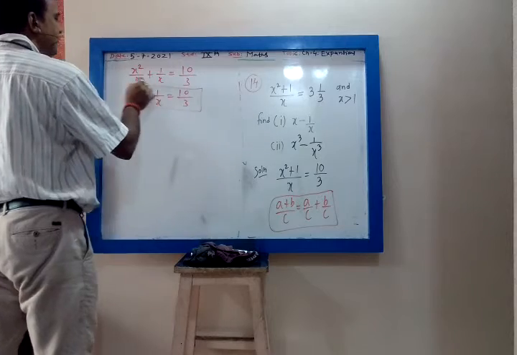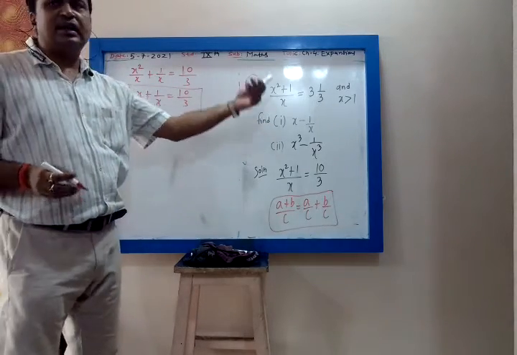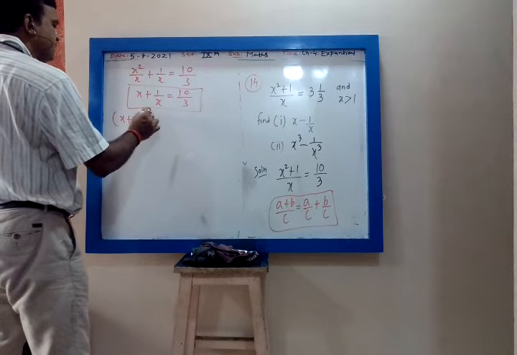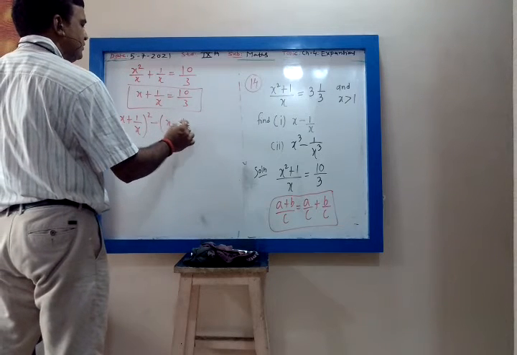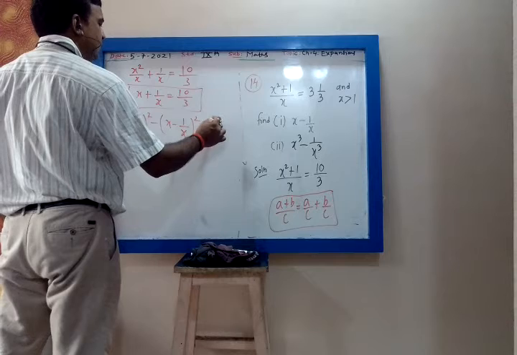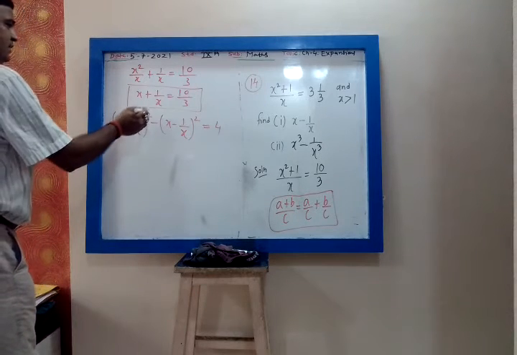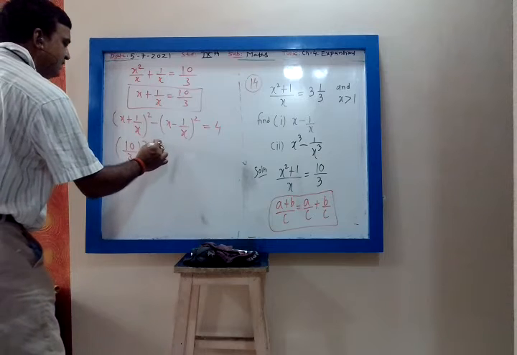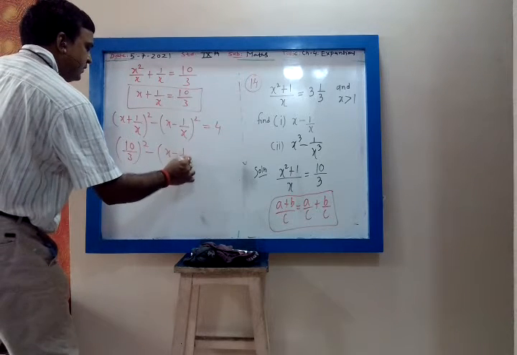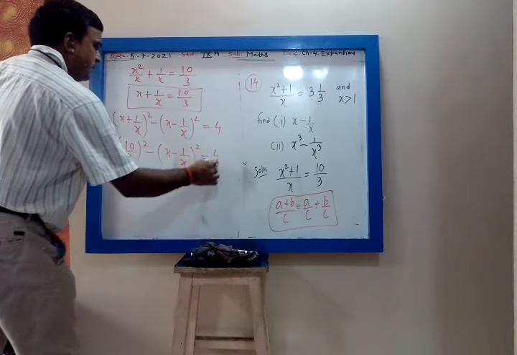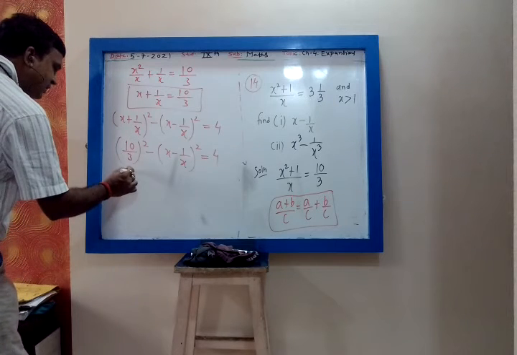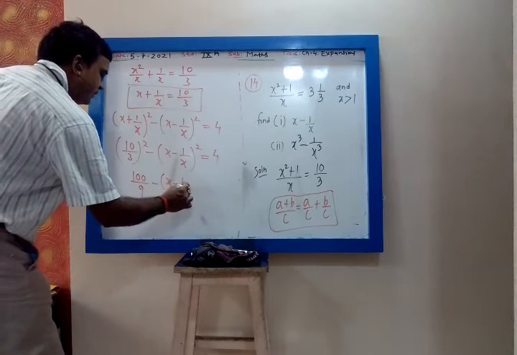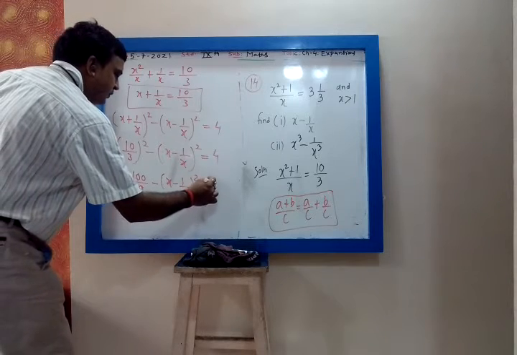Now you want to find x minus 1 upon x. So use the direct formula: x plus 1 upon x whole square minus x minus 1 upon x whole square is equal to 4. So x plus 1 upon x is given 10 by 3, so 10 by 3 whole square minus x minus 1 upon x whole square is equal to 4. 10 square is 100, so 100 upon 9 minus x minus 1 upon x whole square is equal to 4.